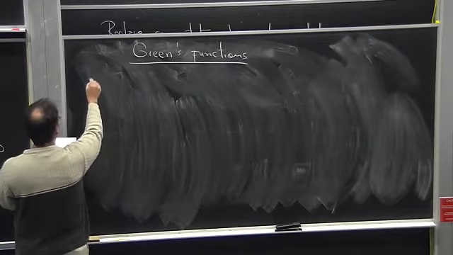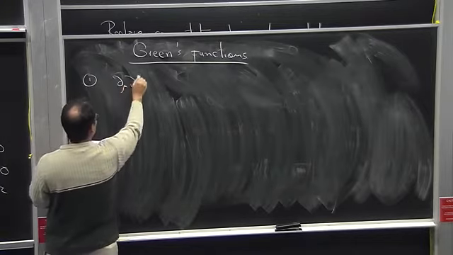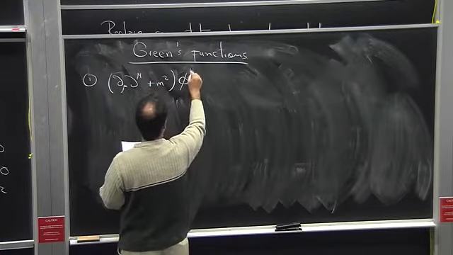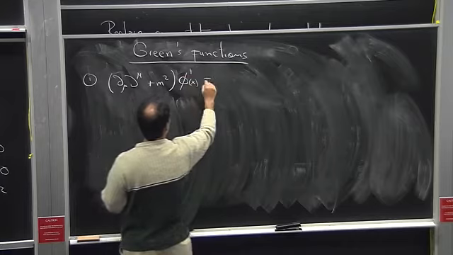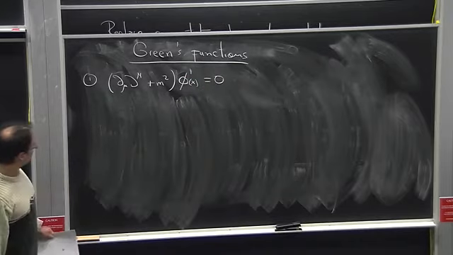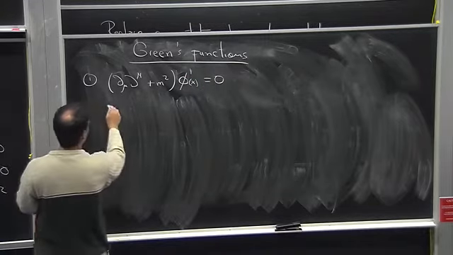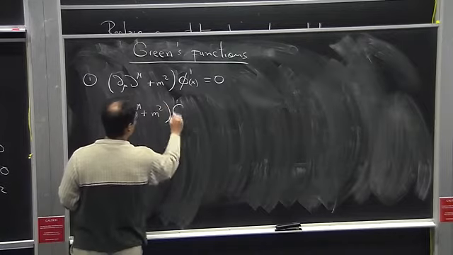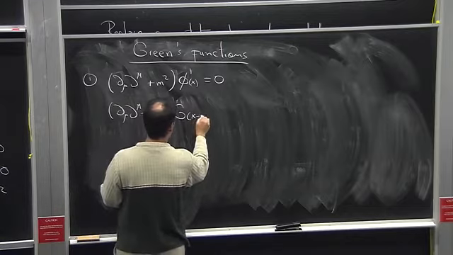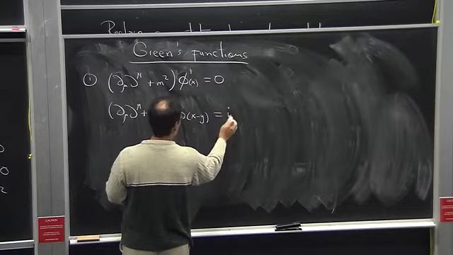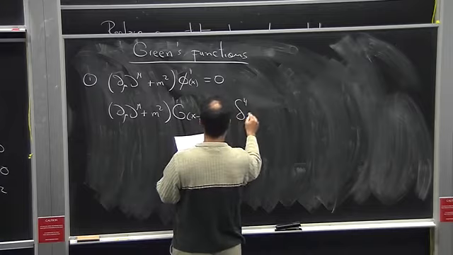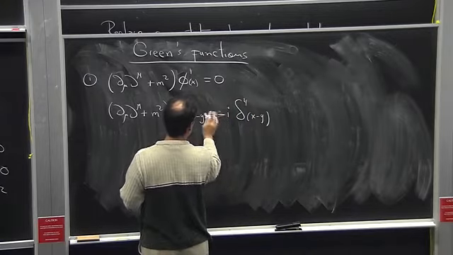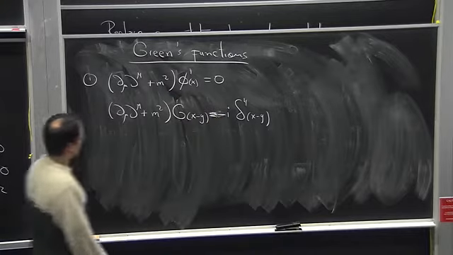So let's review first the case of the scalar field. But now, okay, let's start with this. So this was the Klein-Gordon equation. Now to find the Green's function, we had to solve this equation. And I think there was a convention. We had to put a minus sign here, right?